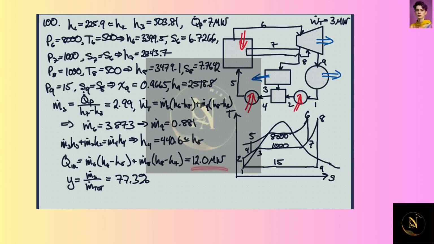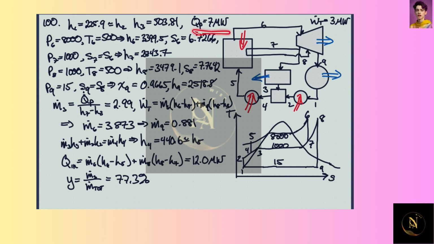And so that winds up being 12 megawatts. And so we can figure out what this y is, the ratio of m3 that we're bleeding off here to the total that's coming into the turbine. And that winds up being about 77.3%.